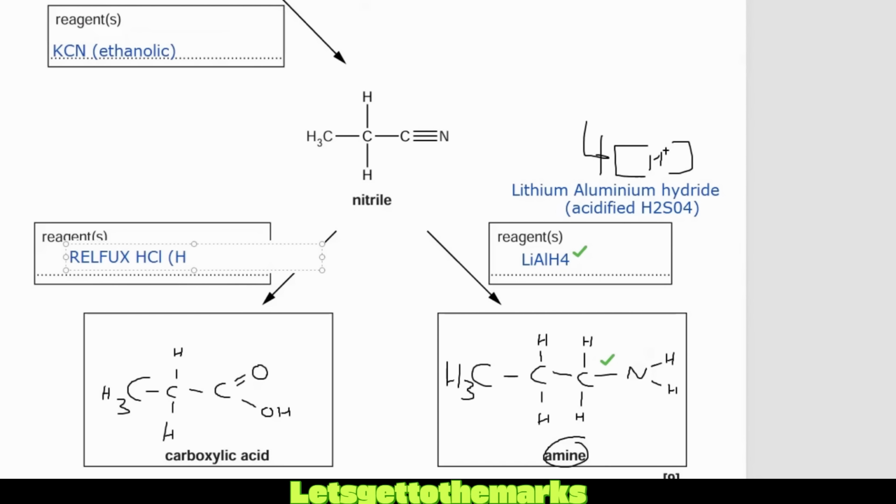So we're going to reflux with HCl, which gives us hydrogen ions, in aqueous solution as a source of hydroxide ions. So you're going to end up with propanoic acid. And there we go. Let's move on and get the next question done.